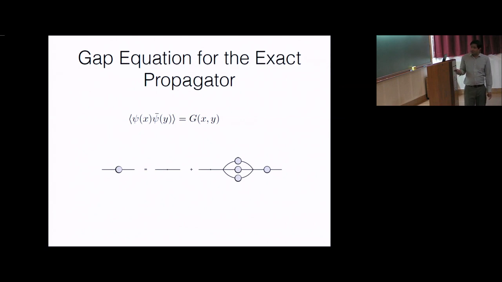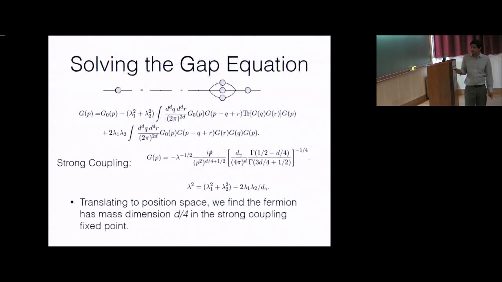In the strong coupling limit, you just drop the free term and you have a self-consistent scaling solution, which you can explicitly solve using dimensional regularization in d dimensions. And you find the fermion has mass dimension d over 4 in the strong coupling fixed point.